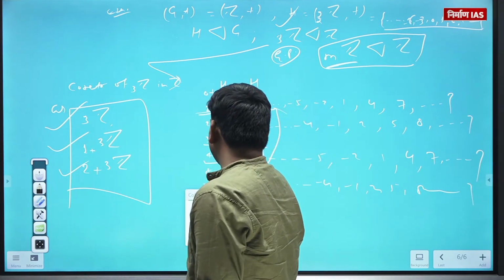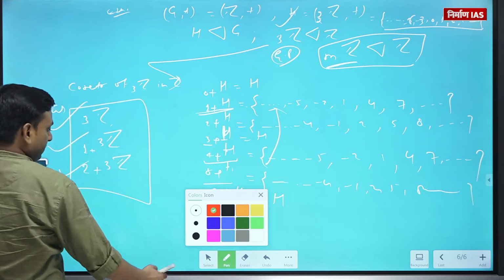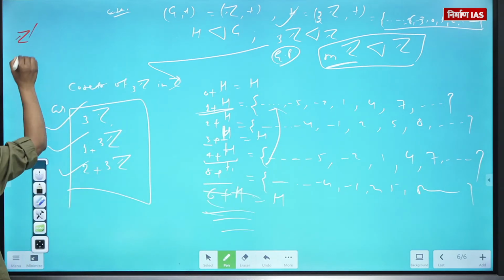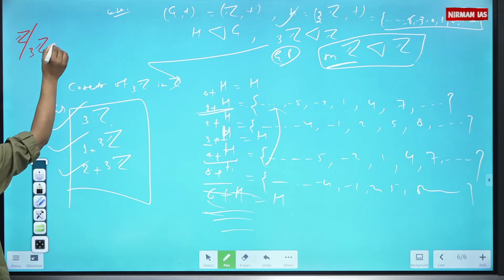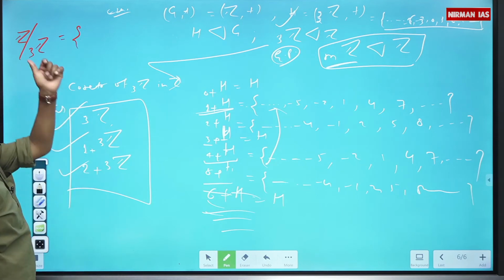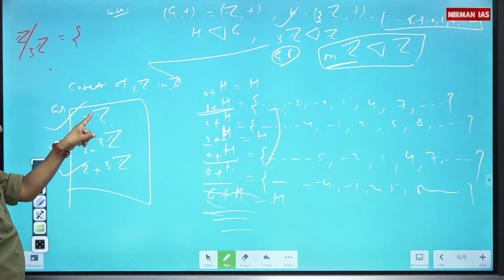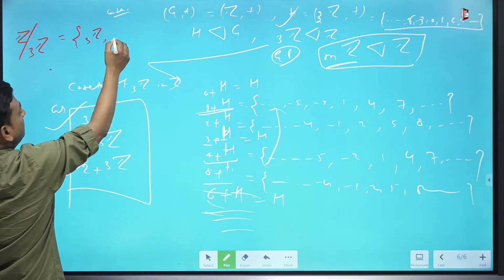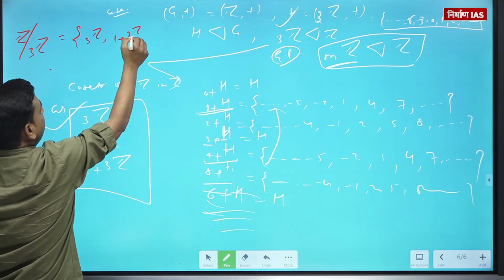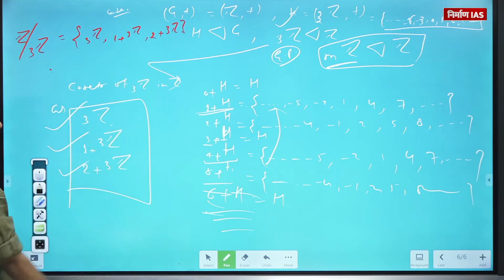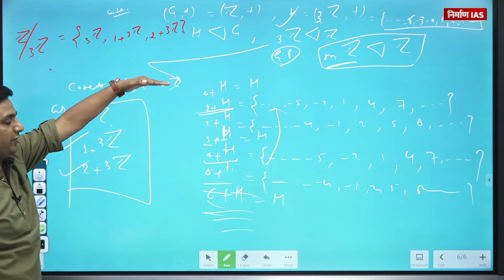Now we can try to construct a set that I will represent as Z/3Z, that is Z/H, and I will take the elements of this set to be these sets: 3Z, 1 plus 3Z, 2 plus 3Z. The representation is like this only, with 1 and 2 in the suffix.